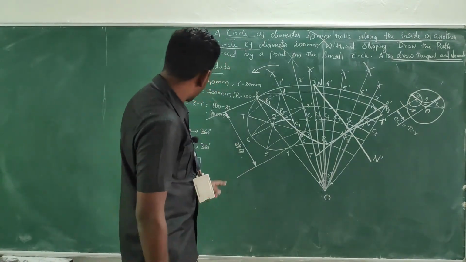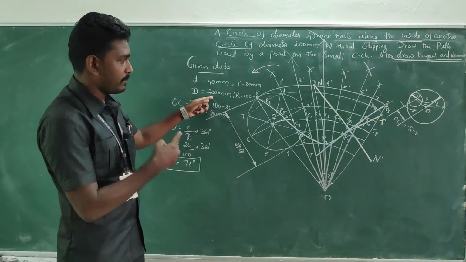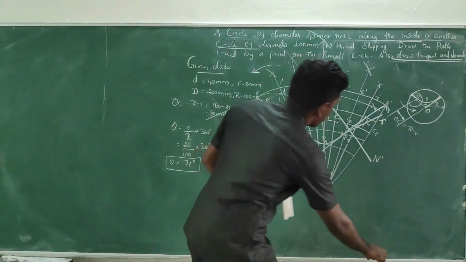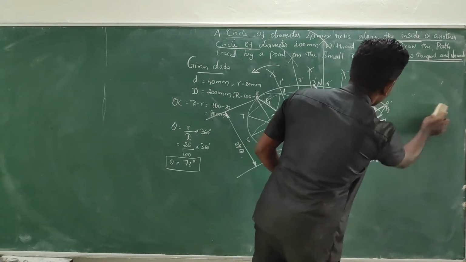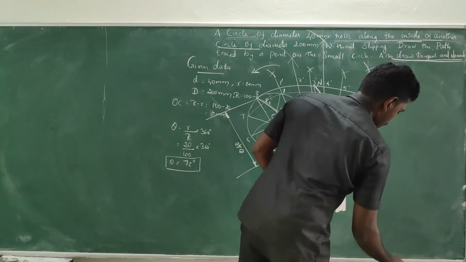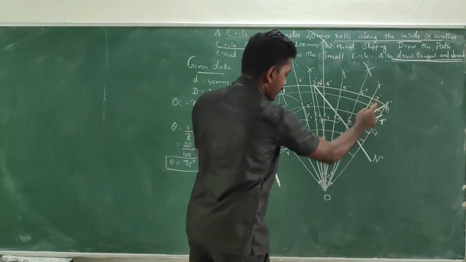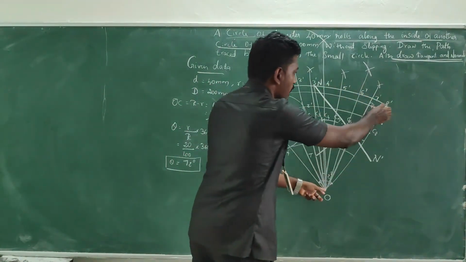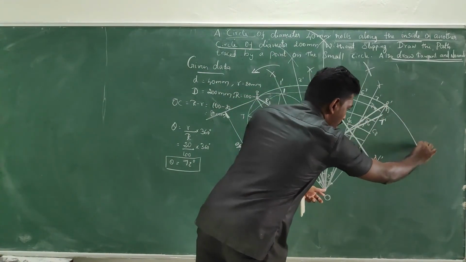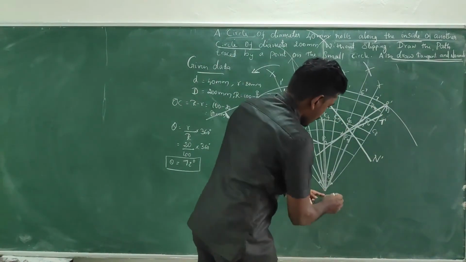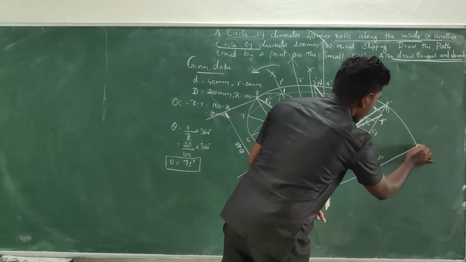Okay, and next we have the base circle diameter. So this is our base circle. From O to this eighth point, take a measurement and go for an arc, and from O I am going to mark the dimension.